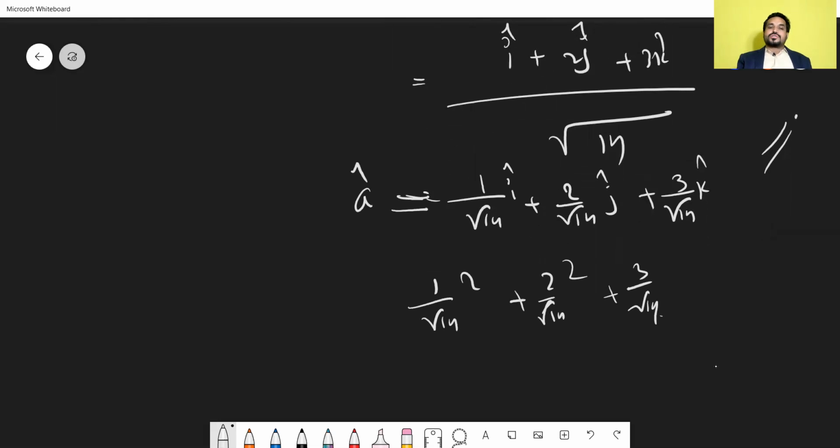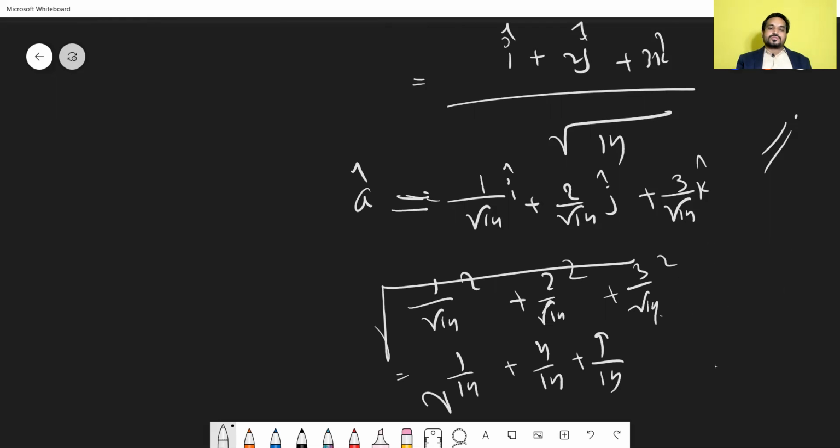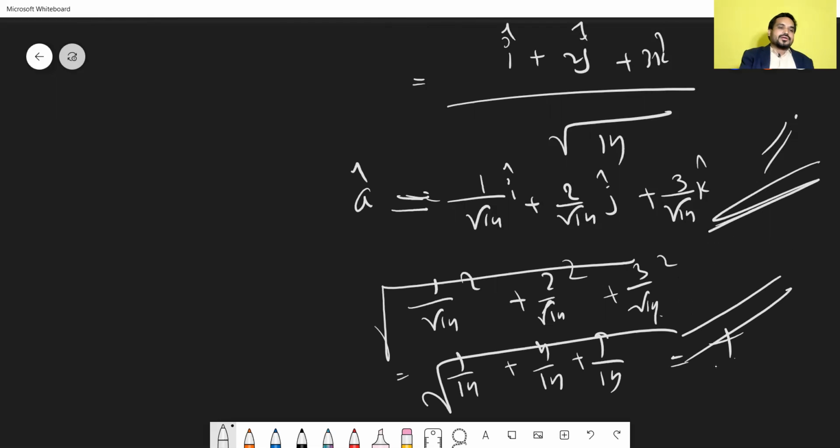If the sum of the squares of the direction ratios, under the square root, is equal to 1, then it is called a unit vector. So 1 by root 14 square is 1 by 14, plus 4 by 14, plus 9 by 14. The square root is 1. So this question is solved and we have proved that this is the unit vector.